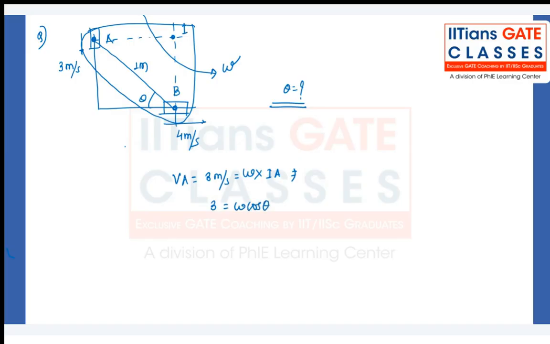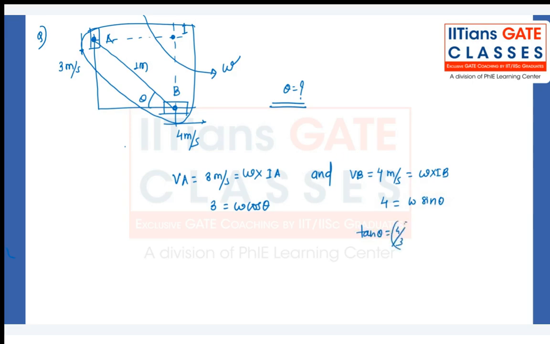Hypotenuse is 1, and VB is equal to 4 meters per second. That is omega into IB. So 4 is equal to omega into sine of theta. So basically, if you take the ratio, tan of theta is equal to 4 by 3.